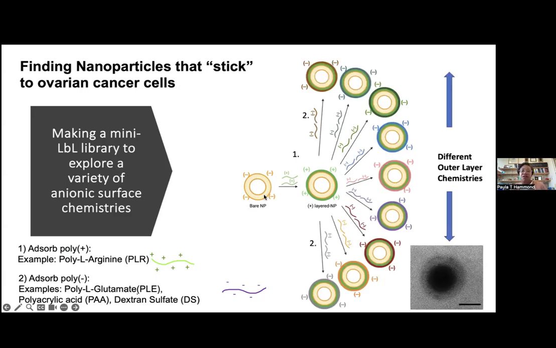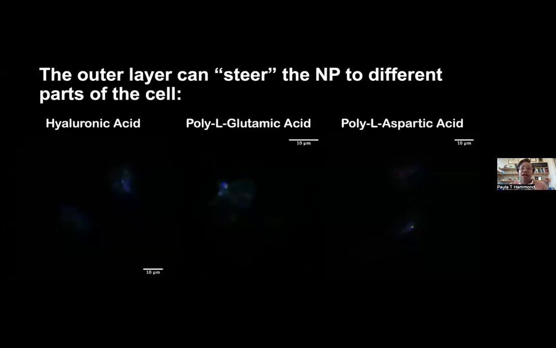We layered positively charged polymer on them, and then we would look at different negatively charged polymers and determine which of these had a high affinity to ovarian cancer cells over healthy cells. We actually found that there were three outer layers that had a huge affinity for ovarian cancer cells, but didn't seem to interact a lot with other cells.